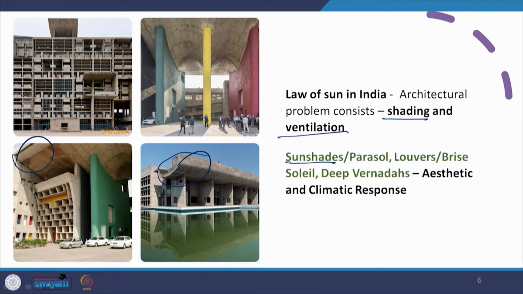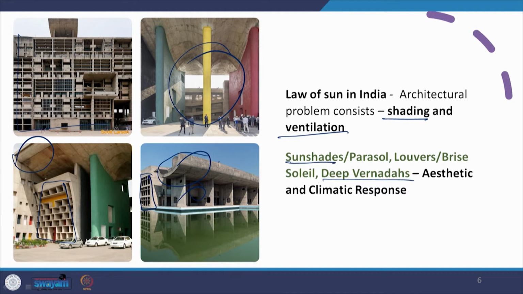Then there are the louvers, or the brise soleil, that you see here in the front of the High Court building, and an amazingly aesthetic composition of the overall louver system on the Secretariat building. And then there are the deep verandas that you find here in the High Court building.